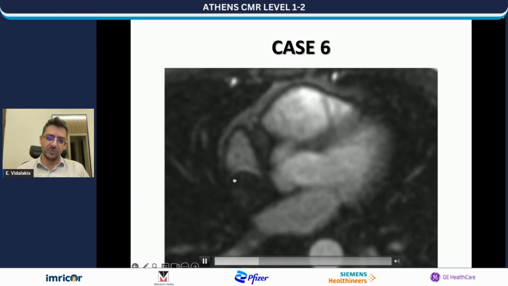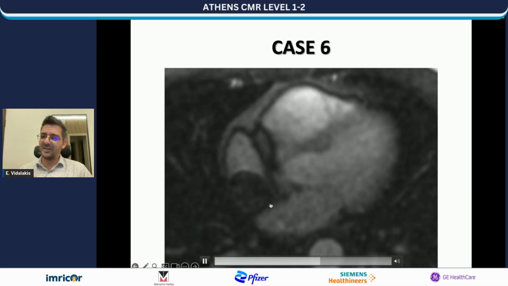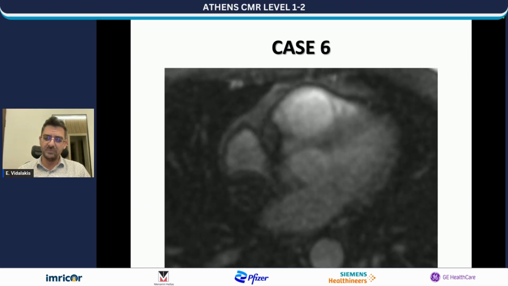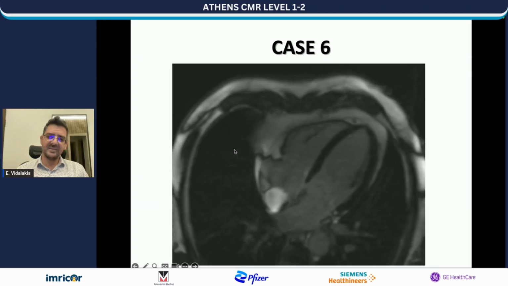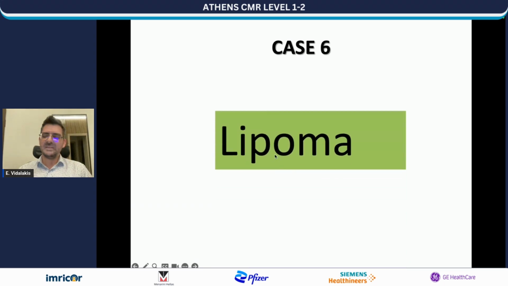This is a perfusion of the mass, and we can say that it doesn't have a lot of vascularization. And this is the LG image, and because it has a lot of fat tissue, it's bright white. So what is this? It's a lipoma.